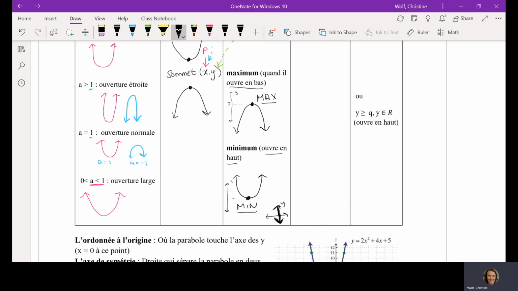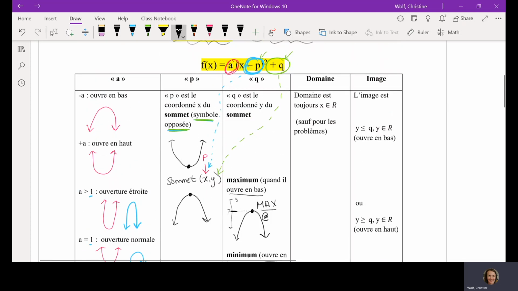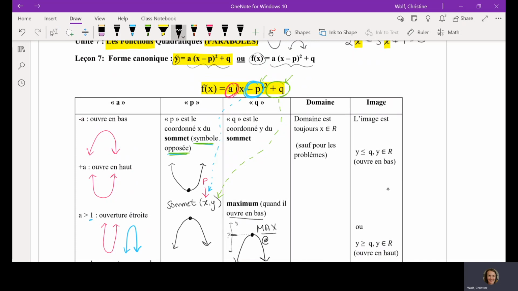So ce qu'on dit, si je demande pour le max, typiquement ce qu'on fait, on dit que le max est à, and we say it's at whatever this value is of y, okay? Mais j'ai déjà expliqué que le Y est vraiment Q. Q and Y are interchangeable.